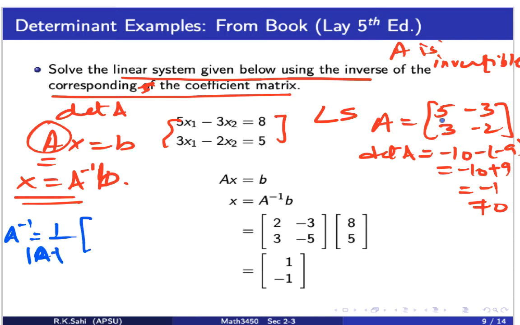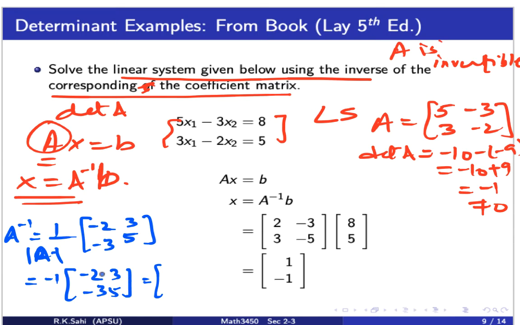And then we flip the main diagonal, going from top left to bottom right, swap those terms, and the other elements are just multiplied by negative. So negative of -3 is 3, and 3 with a -1 makes it -3. The determinant of A was -1, so it is -1 times [-2, 3; -3, 5], and we get [2, -3; 3, -5].